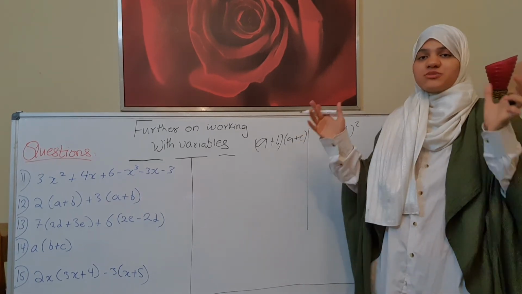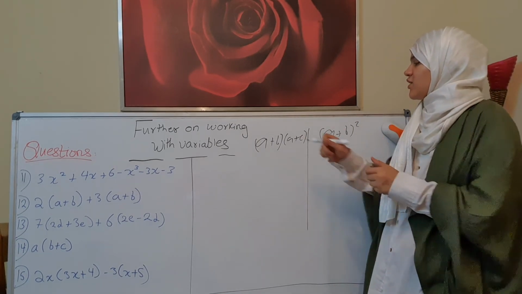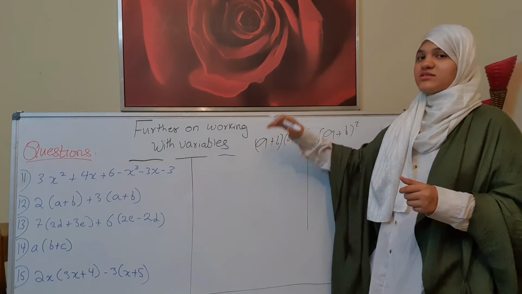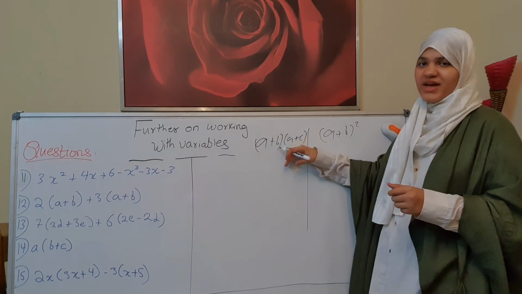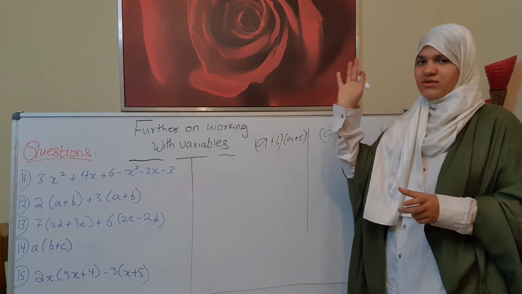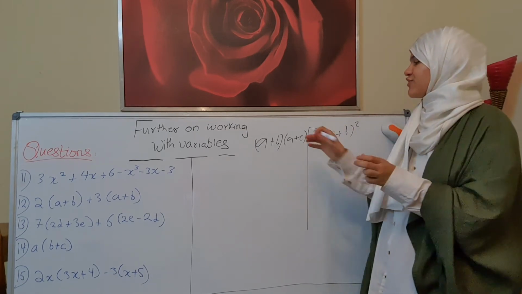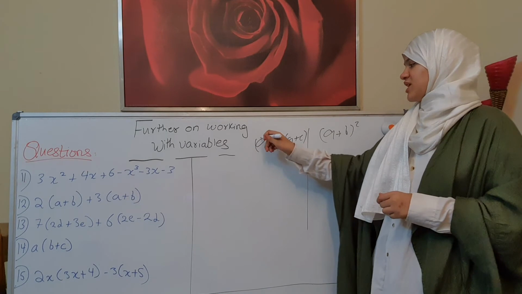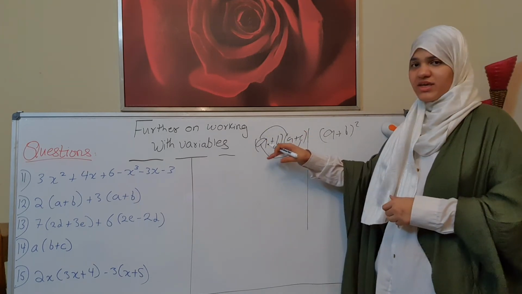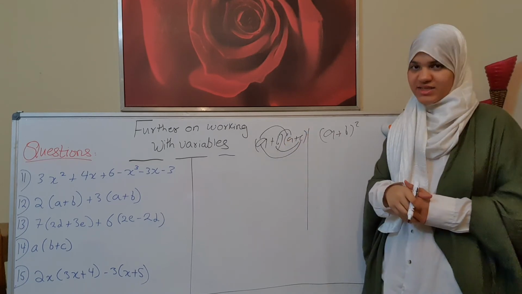So how will we multiply them? We have a bracket on the other side also, so everything inside this bracket will multiply the other bracket. A will multiply a and also c. B, the same thing: it will multiply a and c.